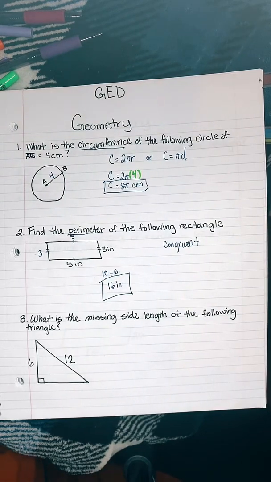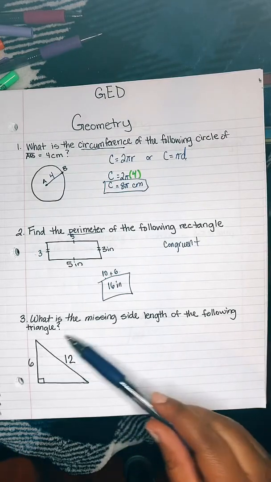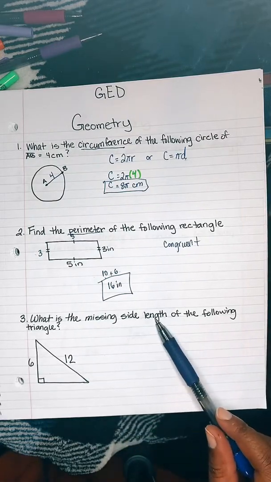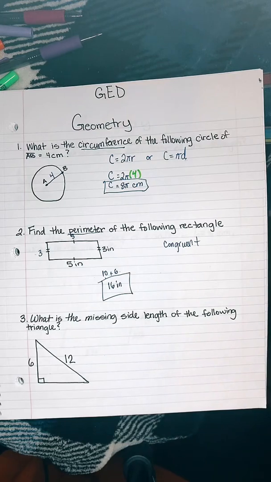Good. All right, let's check out number 3, you guys. What is the missing side length of the following triangle? Now this is an important formula, especially when you get into trigonometry. Does anybody know the theorem or the formula that I'm talking about to find a missing side length?